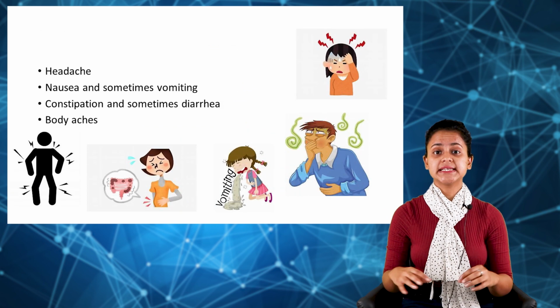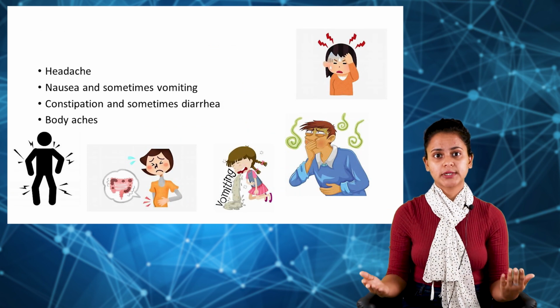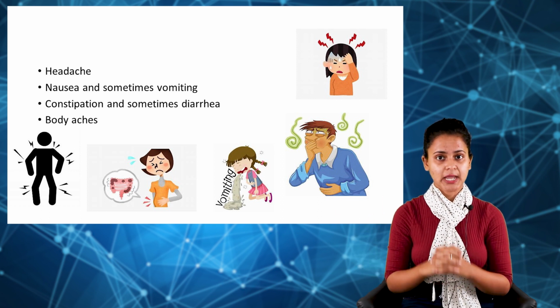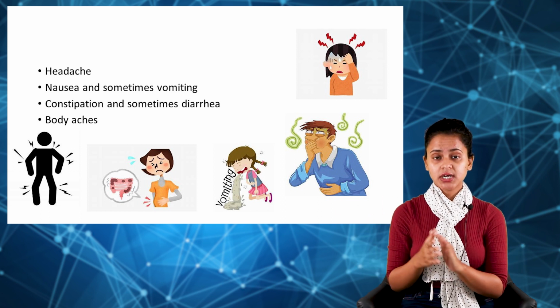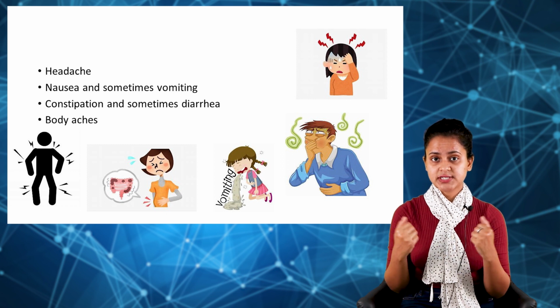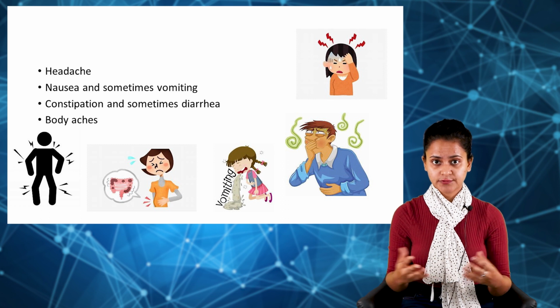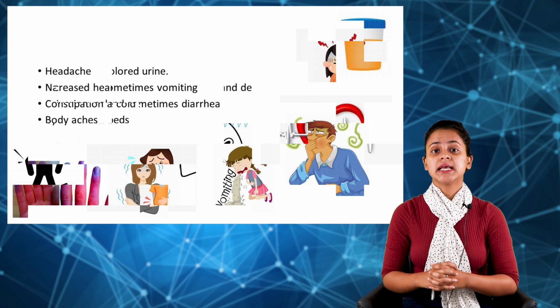The next one is headache. Headache is a very common complaint of a patient who is suffering from hyperthermia. Nausea and vomiting, constipation and diarrhea will often occur among clients suffering from hyperthermia. Body aches are also very common.